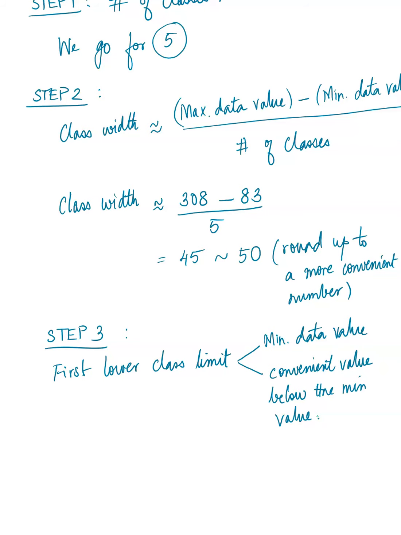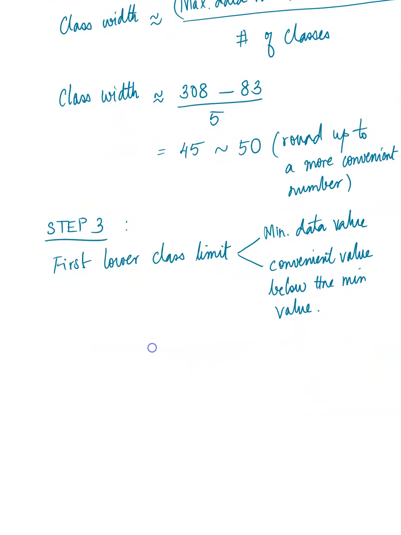So what we're doing here for our problem, I'll just say lower class limit, LCL. So we know that the minimum value is 83, and if we want to choose a convenient value, I can go for 80, but I'm going to choose 75.